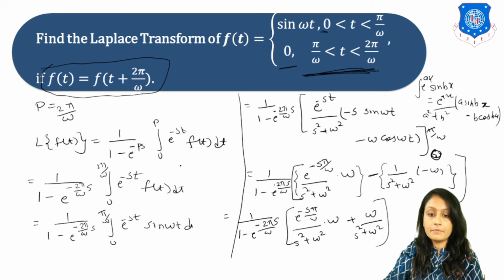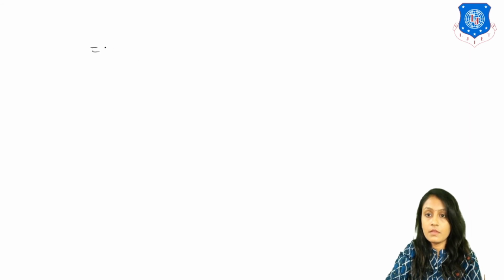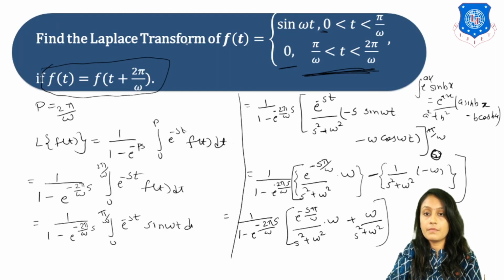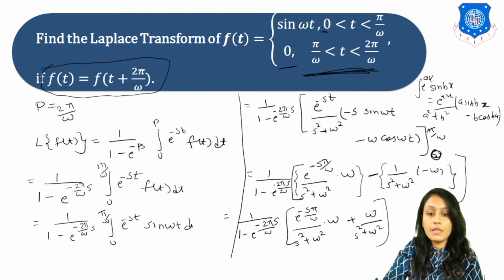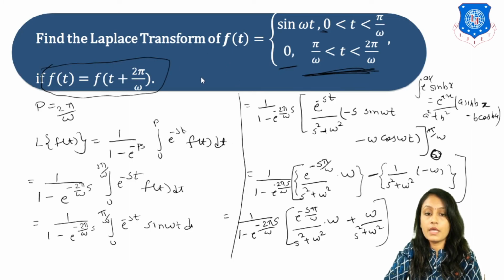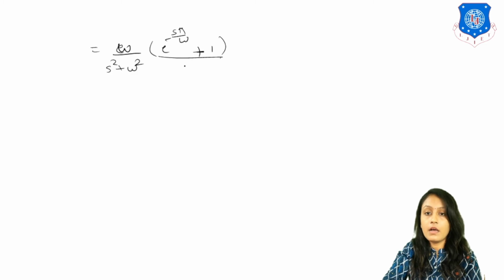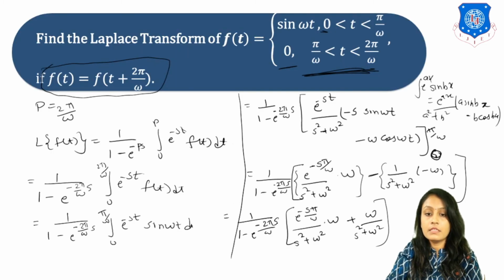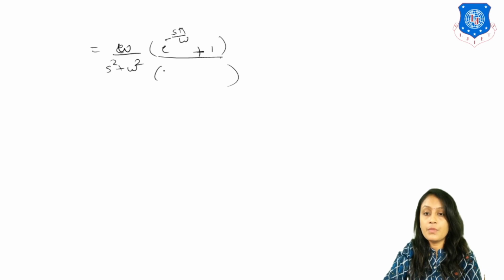So what you get is e^(−sπ/ω) from here, and plus 1 from here, and in the denominator we have 1 − e^(−2sπ/ω).